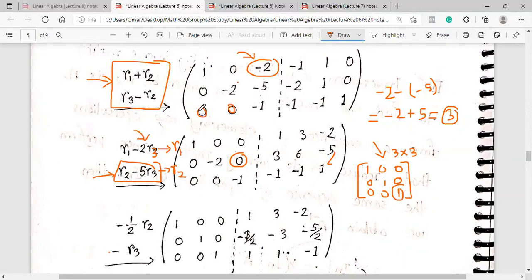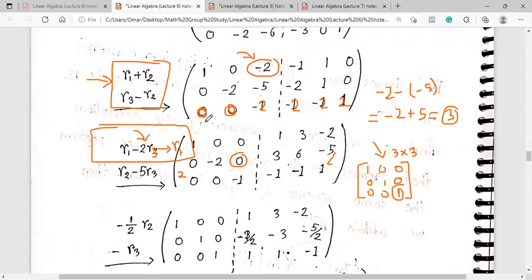So 2 multiply 0 is 0, 2 multiply 0 is 0, 2 multiply minus 1 is minus 2, and 2 multiply minus 1 is also minus 2. And it is plus 2, right? Okay. So now we are focusing on this operation.